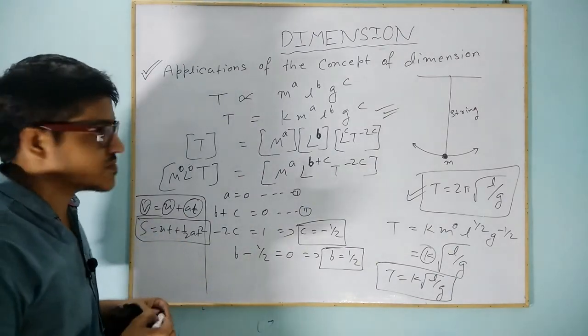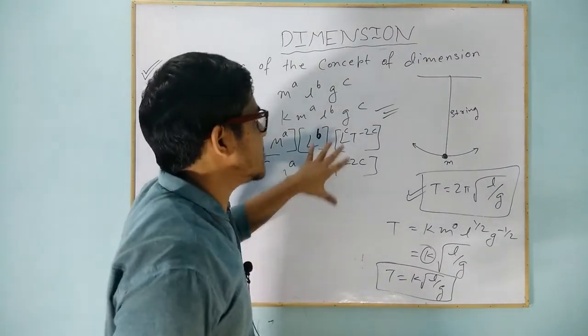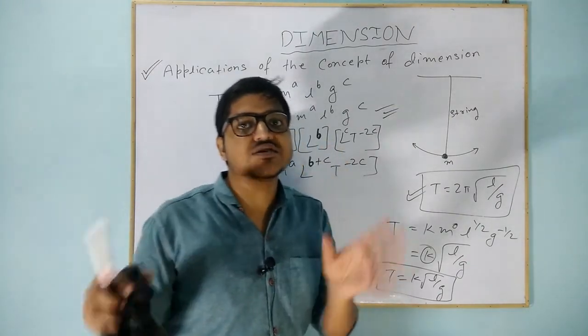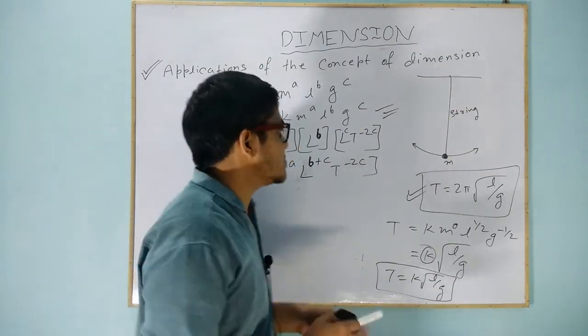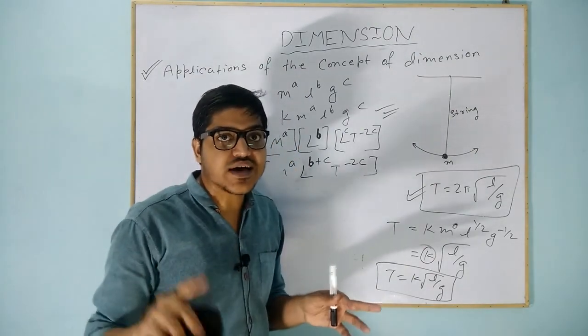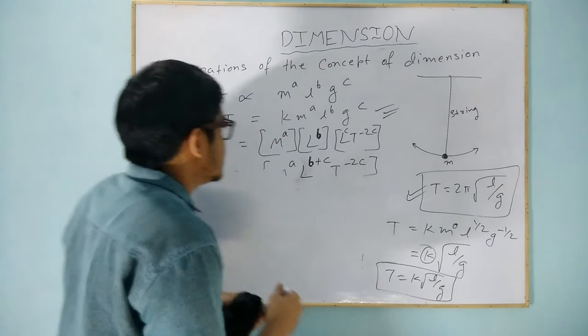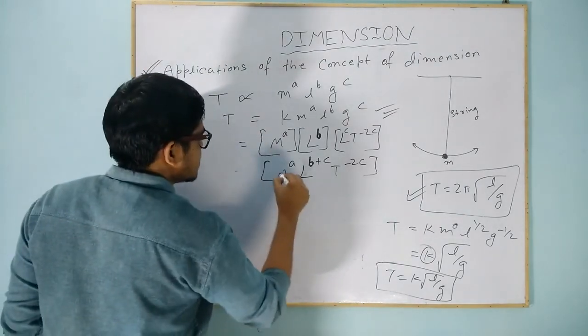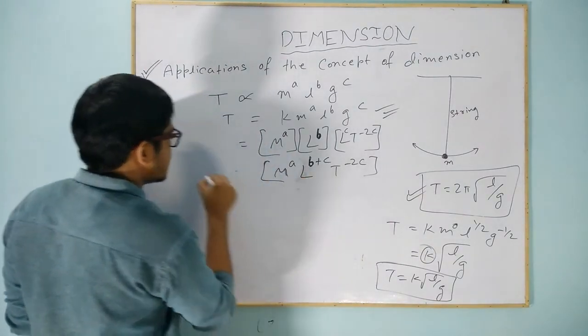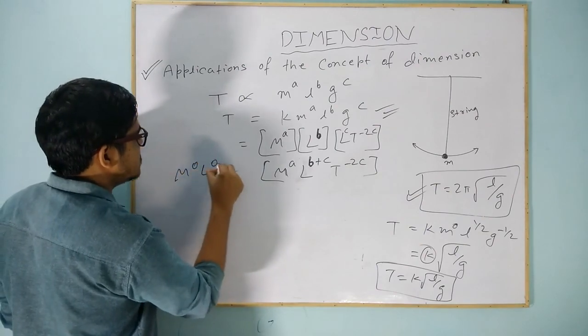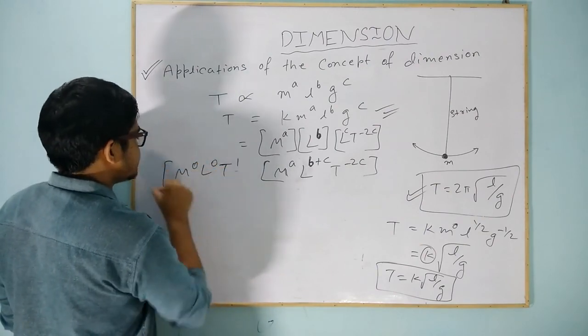We can never deduce or come close to this equation using dimensional analysis, because this is again not a product type equation. Another limitation of the third application is that you can deduce the relationship among physical quantities only if there are as many equations available as the number of variables. Here, the number of equations we had was 3. M raised to the power A, it was M0, L0, T1.